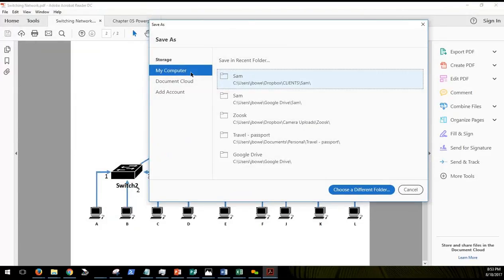And again, it's in the SAM network. Or, the SAM folder. Here, let me show you.